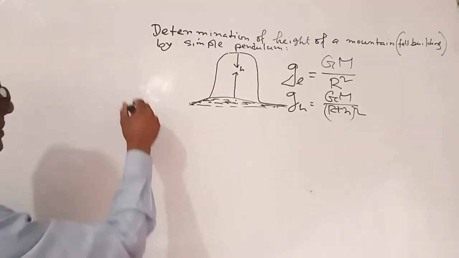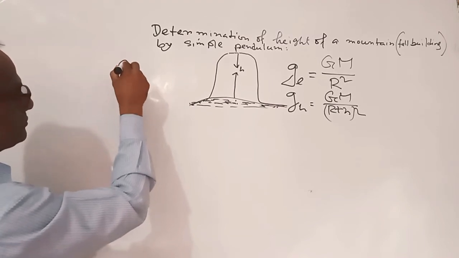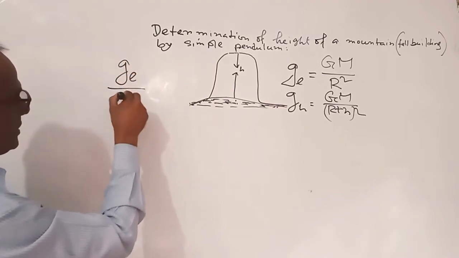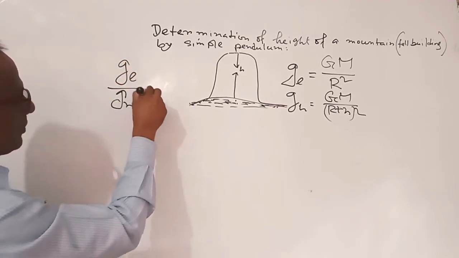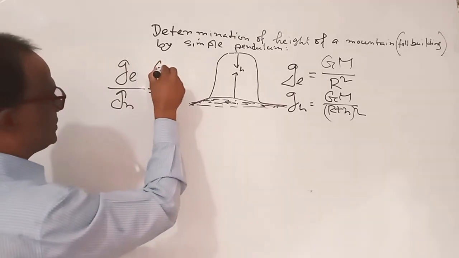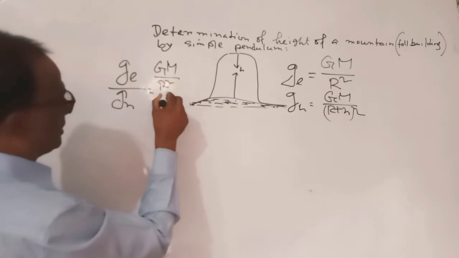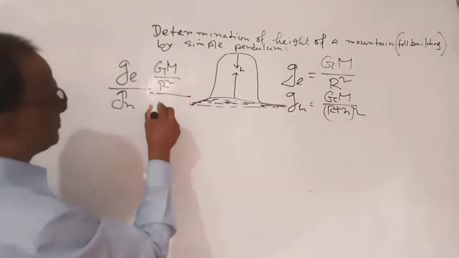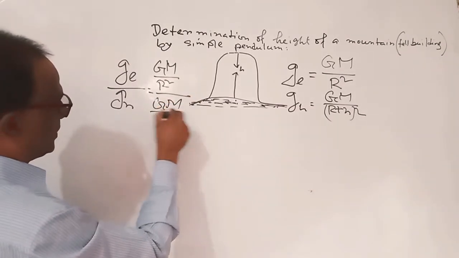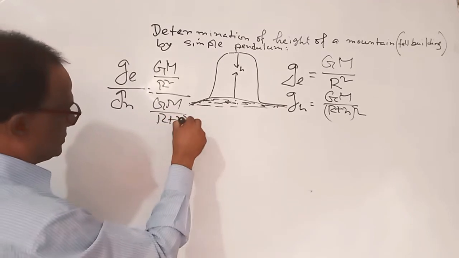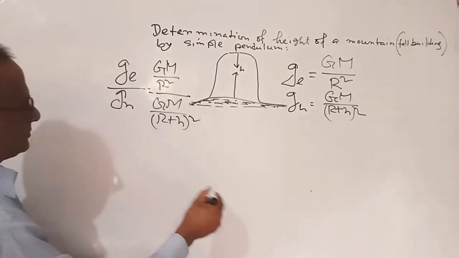So the ratio Ge by Gh, what will be GM by R square over GM by (R plus h) the whole square.